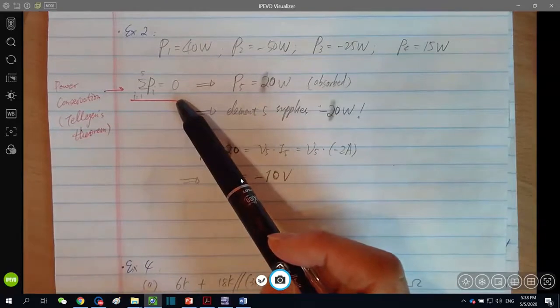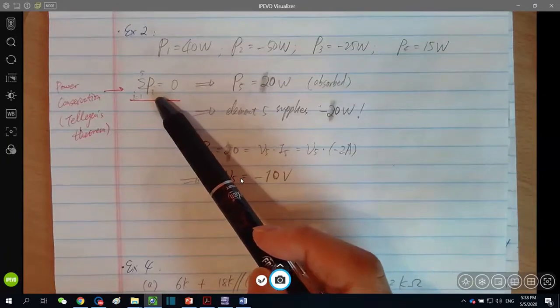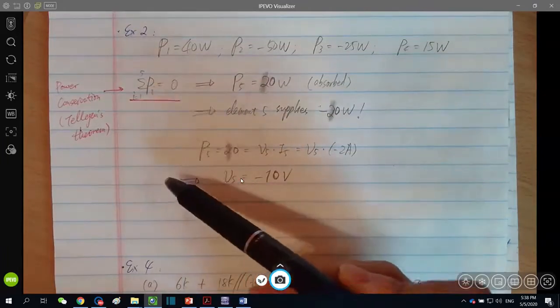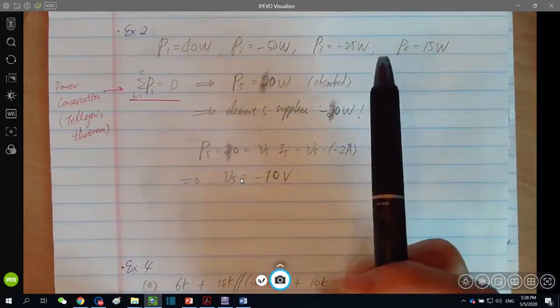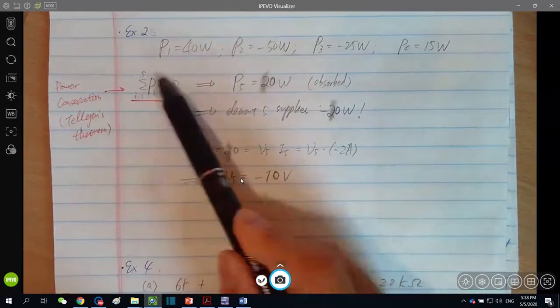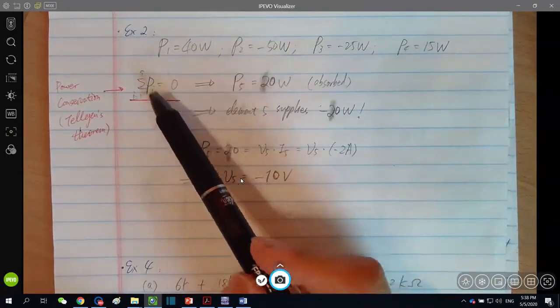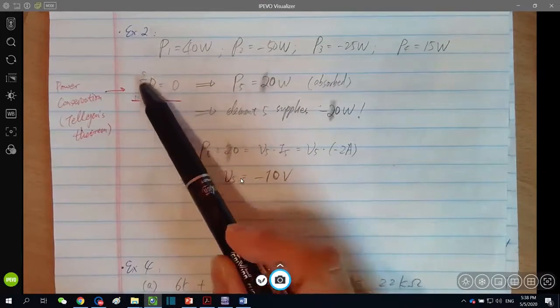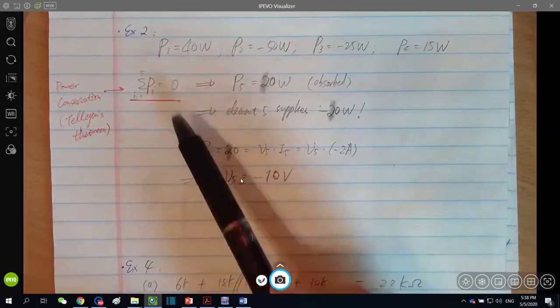You can think in this way: the power provided by something equals the power consumed by others, right? So if you count the providing and consuming into the sign of the power, then the summation of them total is equal to 0. For this particular example, we have 5 elements, so summing their power together, we should end up with 0.